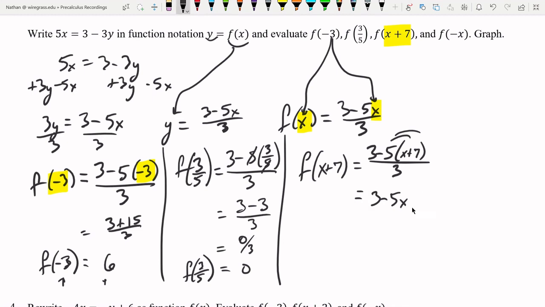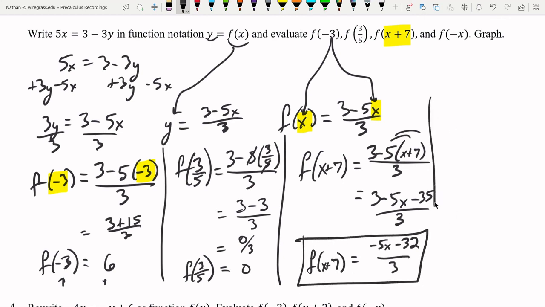It's going to be minus 35. 3 and -35 gives us -32. So f of x plus 7 is a different function. We're going to be actually studying this a little bit more. This is somewhat of what's called a transformation, but we'll be looking at this a little bit more. So it just gives us another function. That's all we're saying here.